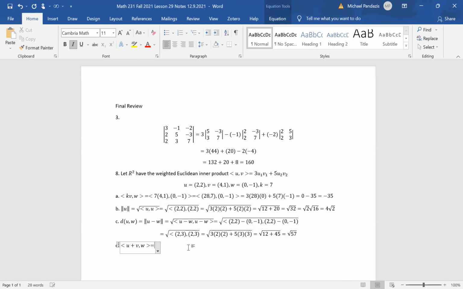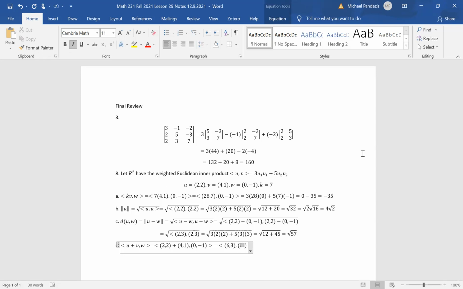And this is equal to the inner product of u plus v, which is 2, 2, plus v, which is 4, 1, w, which is 0, negative 1. So 2, 2 plus 4, 1 is 6, 3.